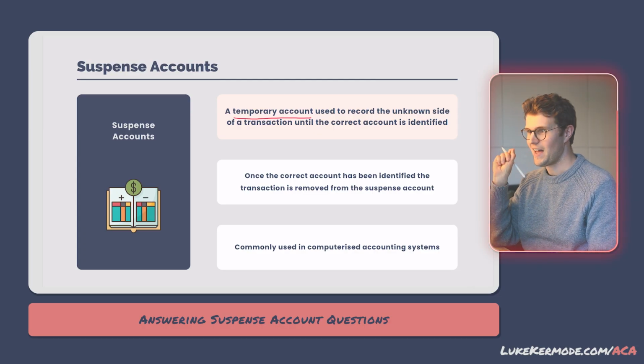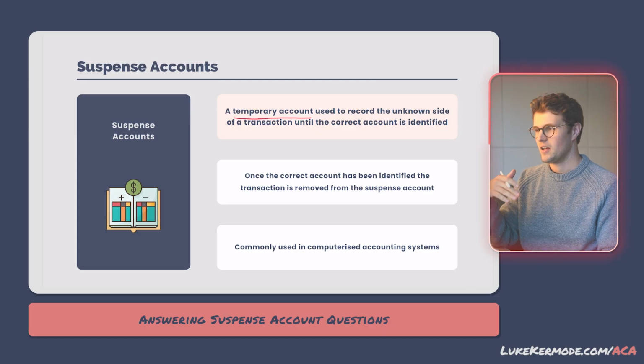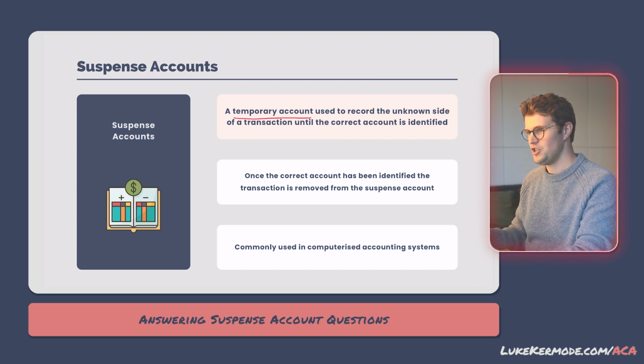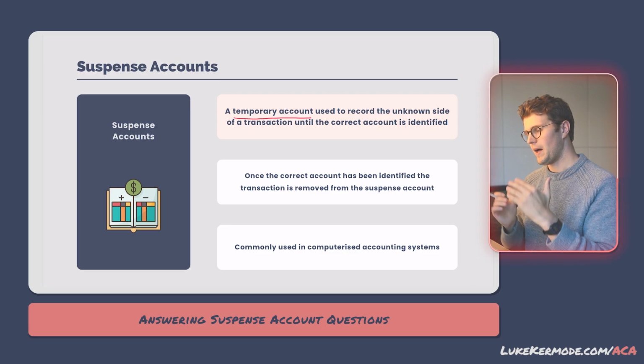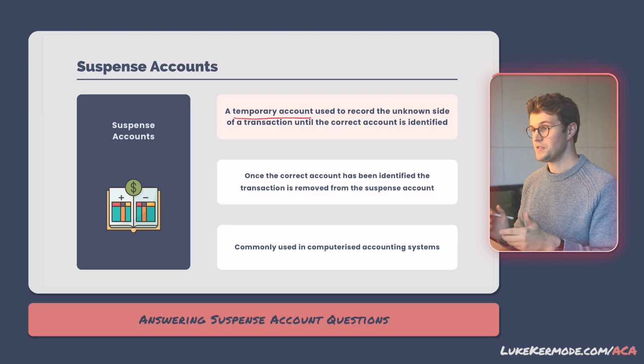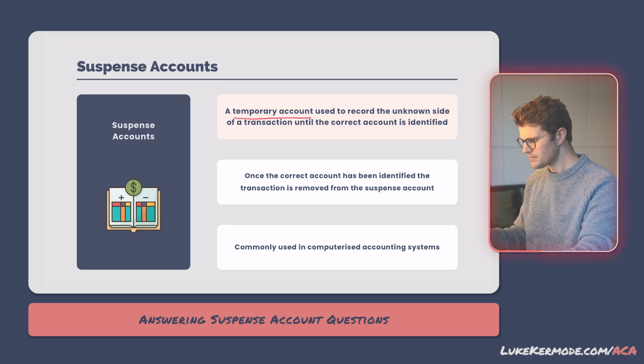The transaction will sit in that holding pen until the accountant comes along and tells the accounting system which is the correct account it should have been allocated to. So using a suspense account will keep the trial balance in balance while the system waits for that clarification from a human accountant.